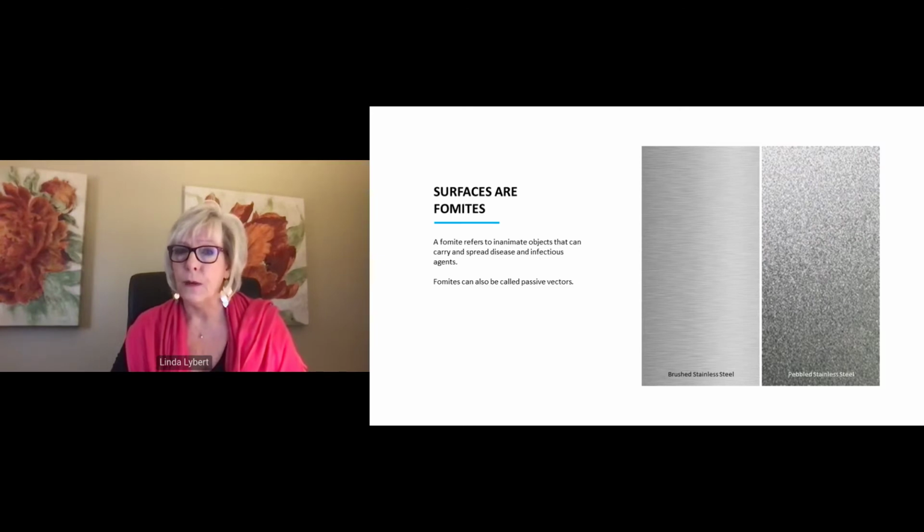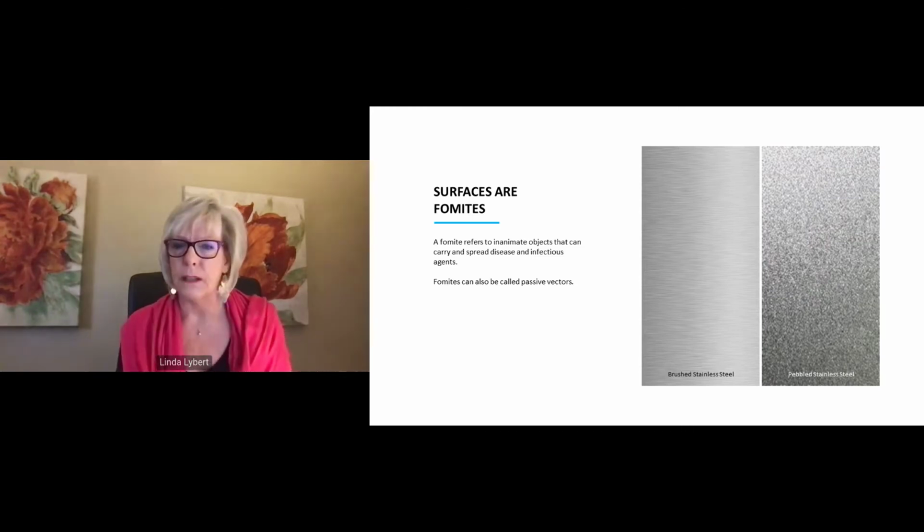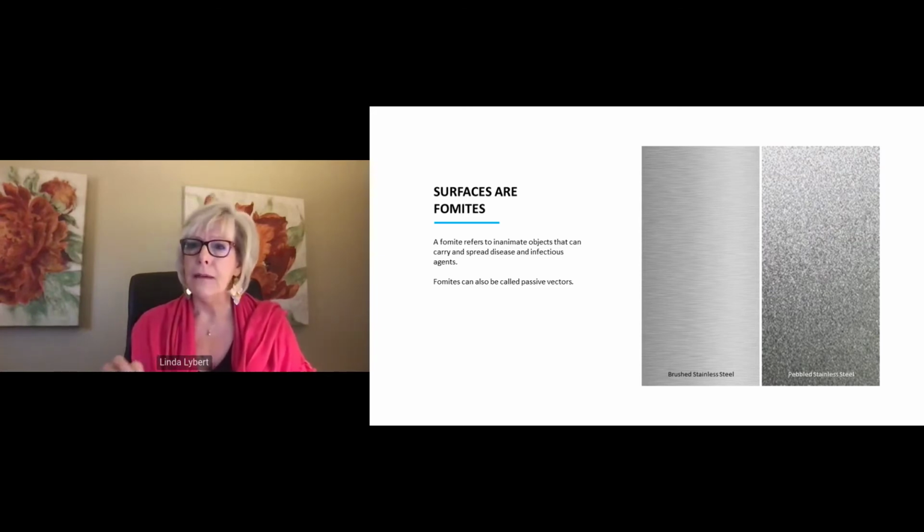Surfaces are fomites, and a fomite refers to an inanimate object that can carry and spread disease and infectious agents. They're also called passive vectors. An example of that here, and I've used stainless steel, not because I'm criticizing stainless steel, but to point an issue out: brushed stainless steel already has tiny microbial reservoirs created when the material becomes brushed.